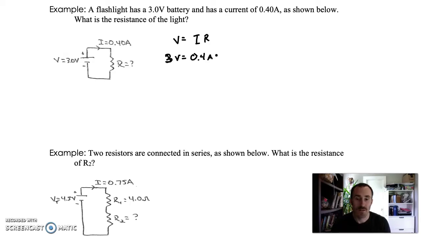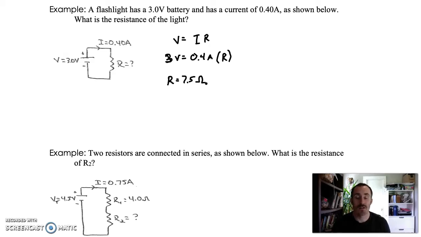And so we're looking for what's the resistance? Okay, and so when we do that, divide by 0.4, you get 7.5 ohms. So the resistance is 7.5 ohms.